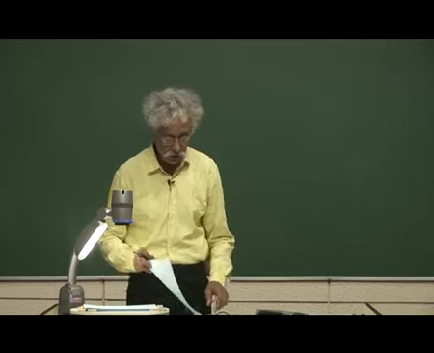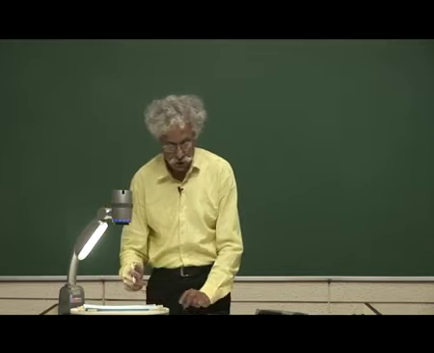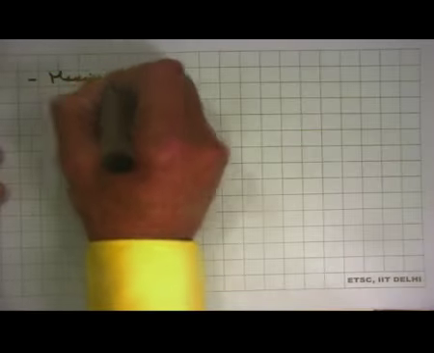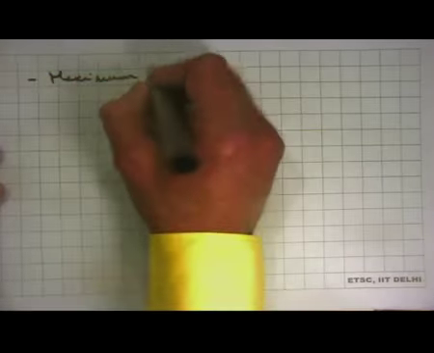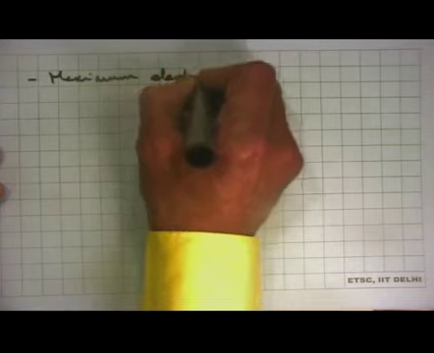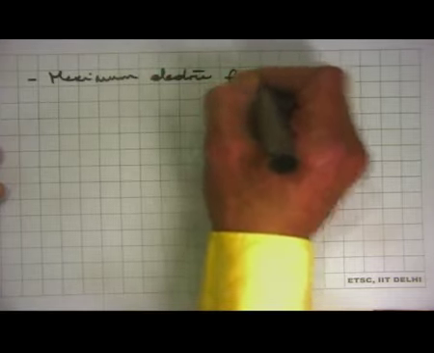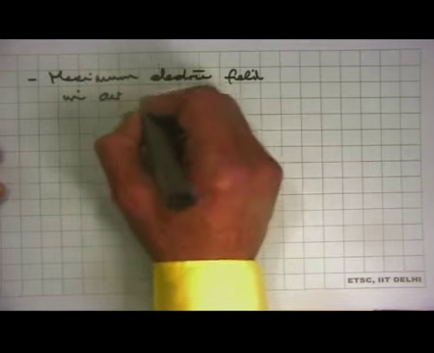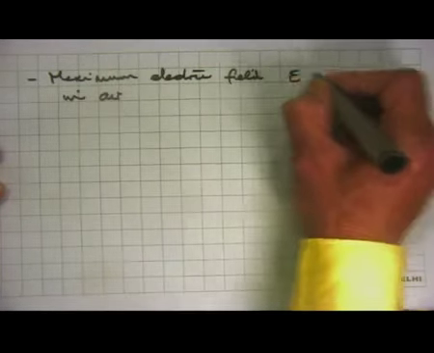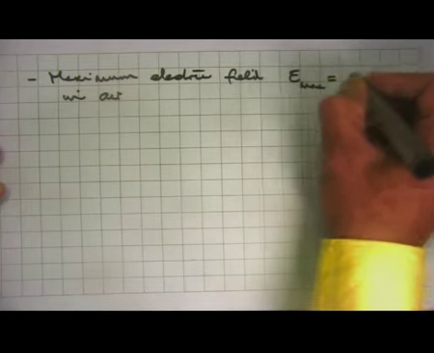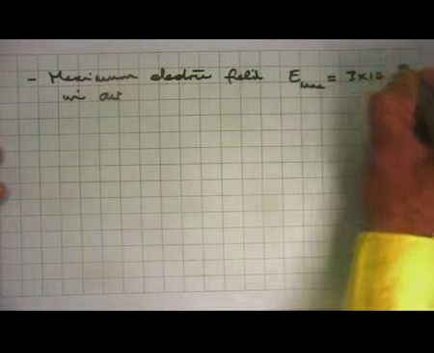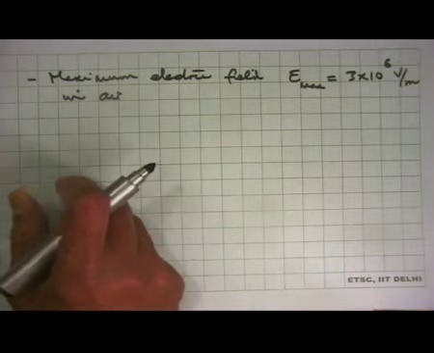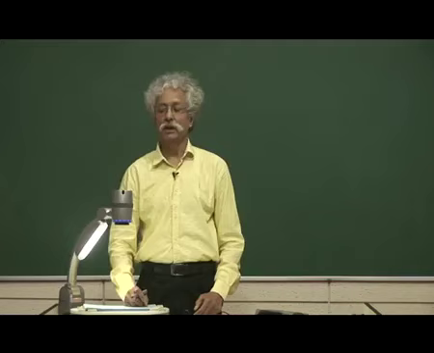At typical conditions, the maximum electric field in air so that there is no breakdown, E max, is equal to 3 into 10 to the power 6 volts per meter. 3 million volts per meter is the maximum electric field you can have.